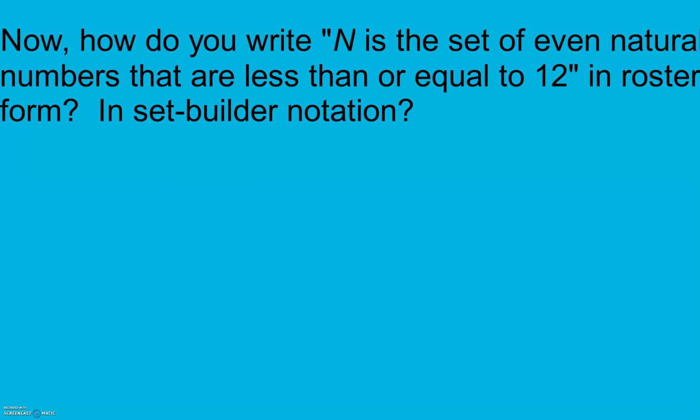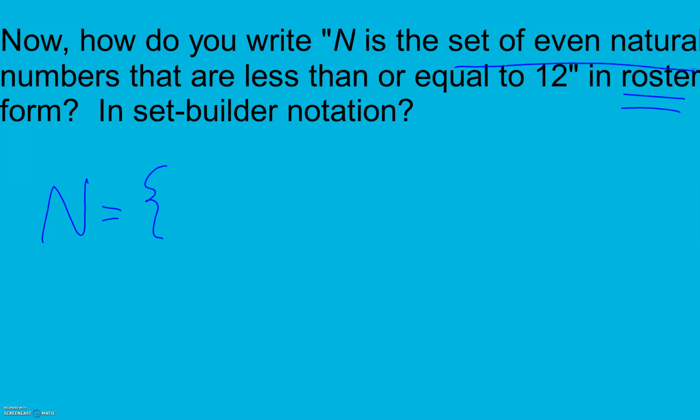Now, feel free to pause here and give this a try if you'd like. How do we write N, the set of even natural numbers that are less than or equal to 12, in roster form and in set builder notation? In roster form first, N, capital letter for my set, equals curly brackets to show it's a set. In roster form, we list them out: even natural numbers less than or equal to 12.